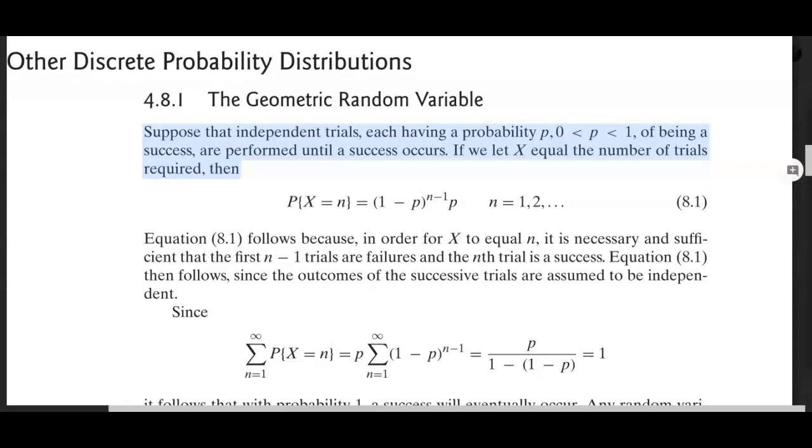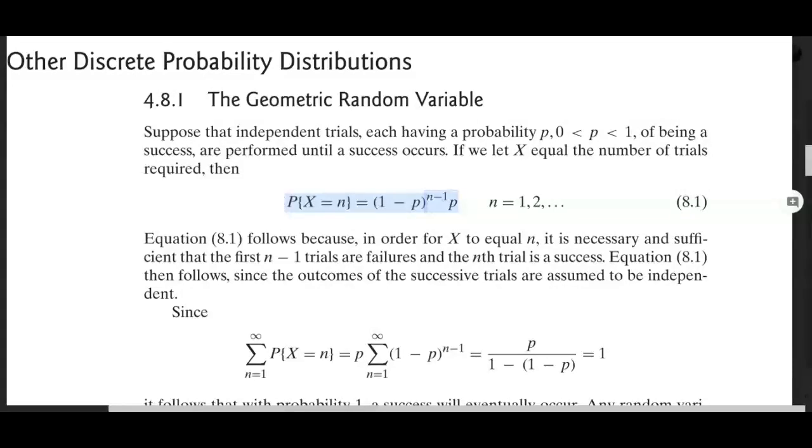If we let x equal the number of trials required, then P(X = n) means the first n minus 1 trials are failures and then finally 1 success, so (1 minus p) raised to n minus 1 times p. So nice.